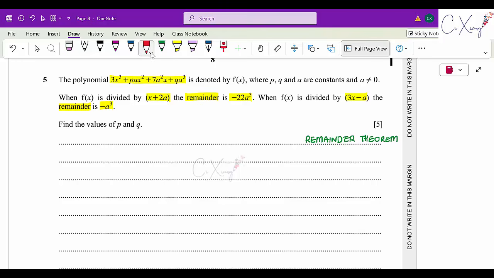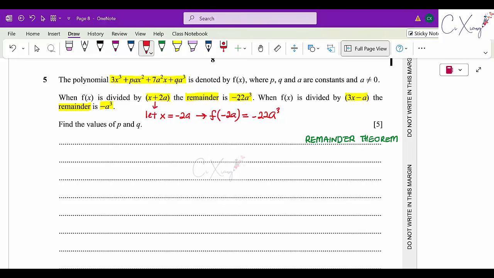When you have the divisor, it is a linear divisor. If you assume that x plus 2a equals 0, then you have x equals negative 2a. When you directly substitute x equals negative 2a inside the function of your polynomial, you'll get the answer which is equal to the remainder. So this is what we call the remainder theorem, and we are going to apply it here.